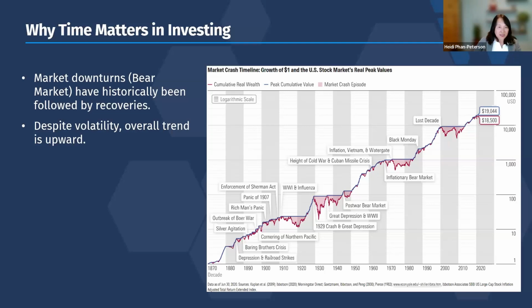So if Steiner were to invest for his 30-year time horizon, say in 1990, after 30 years we would be in 2020, and his portfolio not only would have weathered through this 13 years of significant ups and downs, which is referred to here as the lost decade. That sounds very grim.